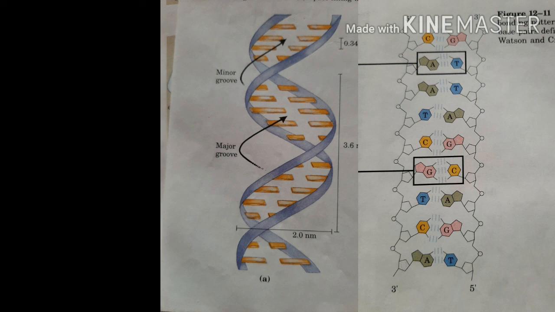This inner side, this core part, is hydrophobic. That means the inner side of the DNA molecule is hydrophobic and the outer side is hydrophilic. This is also a property of DNA.